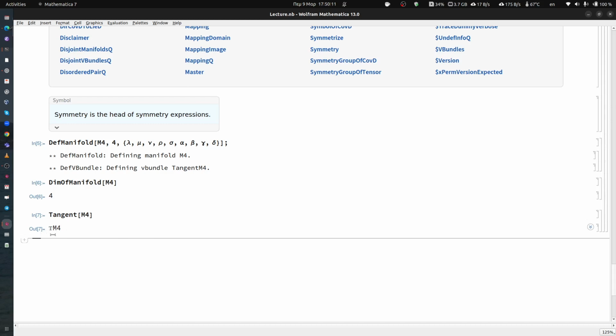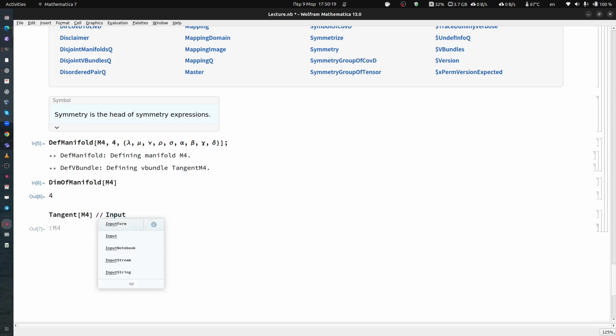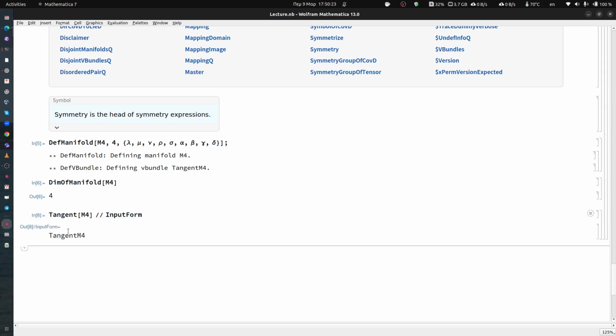Of course, this is the output form of the tangent space, and if you want to use it as a symbol in expressions, you have to see what is its input form, which is, of course, TangentM4, as we have already been informed in this line here.